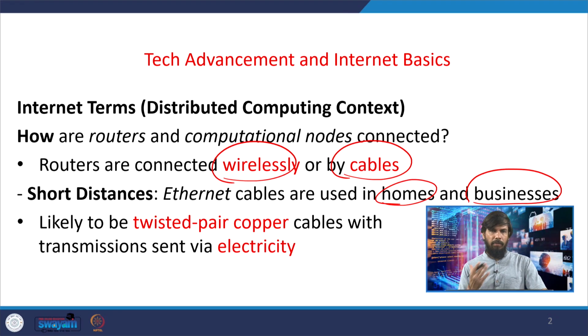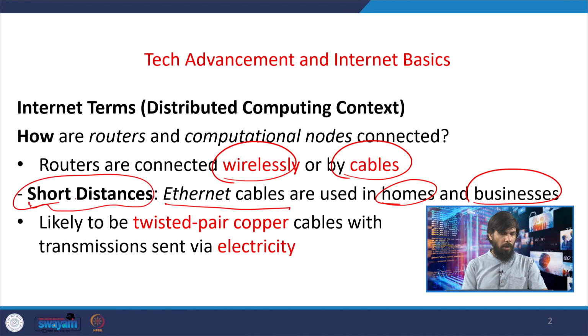For that kind of connectivity, Ethernet cables are used. This comes under the category of short distances. So, when the connectivity is to be ensured over short distances within the home setup or within the business setup, then Ethernet cables fill in that role.